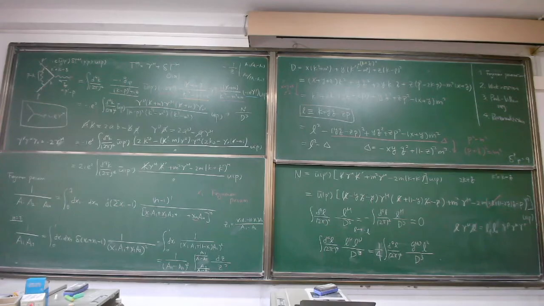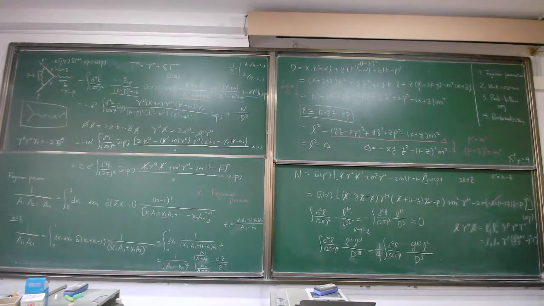Then we just apply the gamma algebra again, so you get L rho L sigma gamma rho, gamma sigma, 2g mu sigma times minus gamma sigma gamma mu.